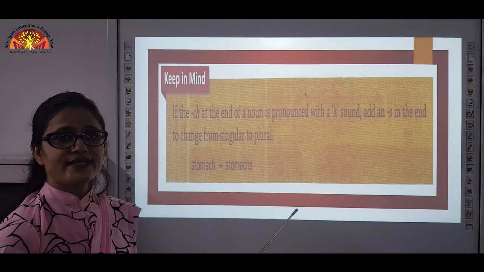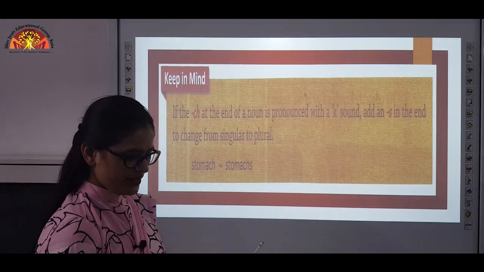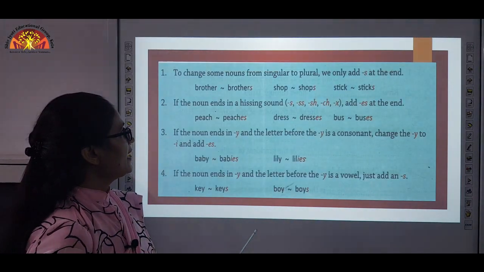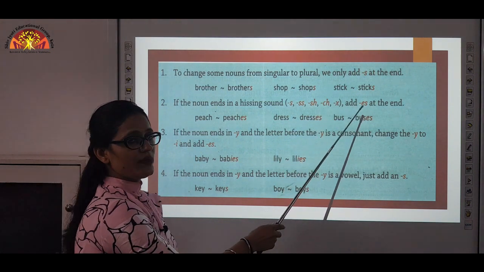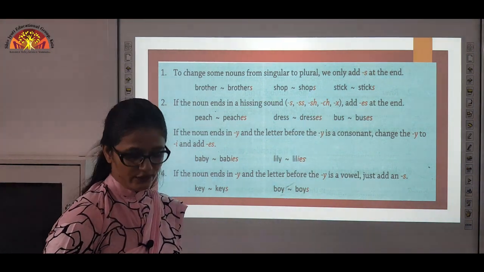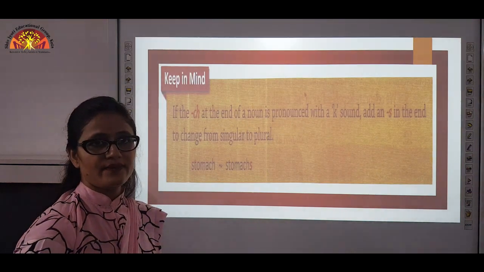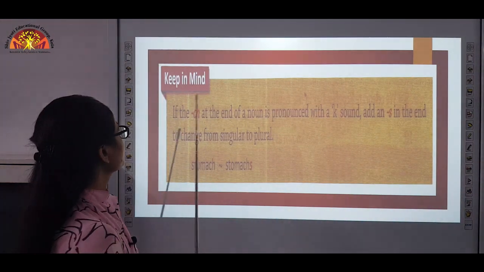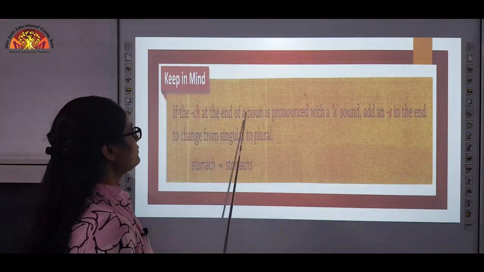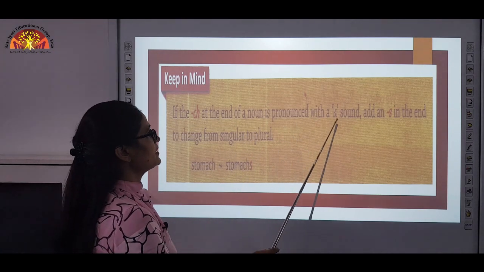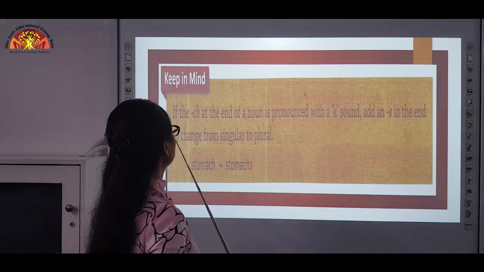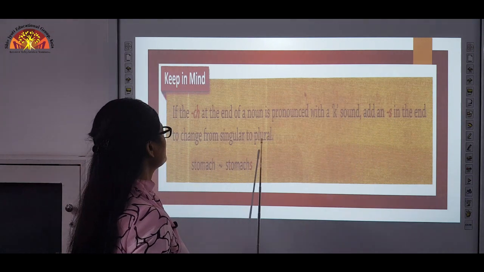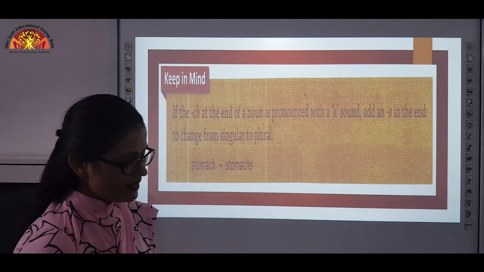Now there are a few exceptions, as I have told you in an earlier slide, that if the word ends with CH, we simply add ES to it to convert it into plural form. But there is an exception. Let's see what that is. If the CH at the end of the noun is pronounced with a K sound, my word is stomach.